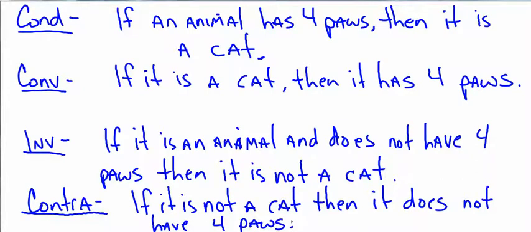Okay? So those are your related statements. Related conditional statements. You've got a conditional, you've got a converse, you've got an inverse, and you've got a contrapositive. That's how they're related, and that's how you get from one to the other.